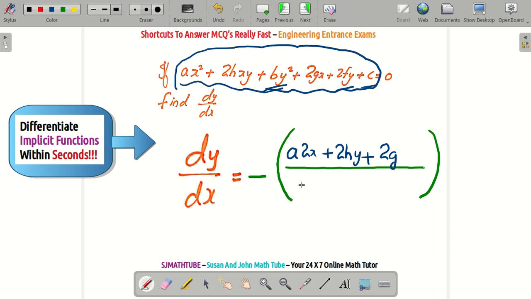And for the denominator, you assume that y is the only variable, that is, differentiate partially with respect to y. So this is a constant 0. So 2h x into 1 plus b into 2y plus 0 plus 2f plus 0. That's it, my friends. You have the answer right in front of you.